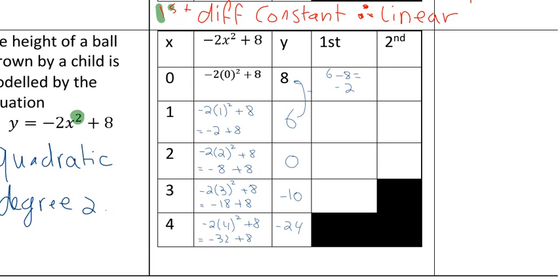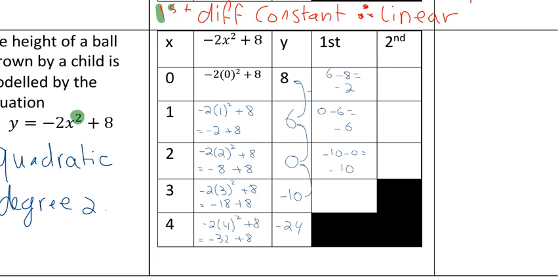Then I have to go 0 minus 6, which is negative 6. Then negative 10 minus 0 is negative 10. So, as of now, my first differences are not constant, right? You see that they're not the same.